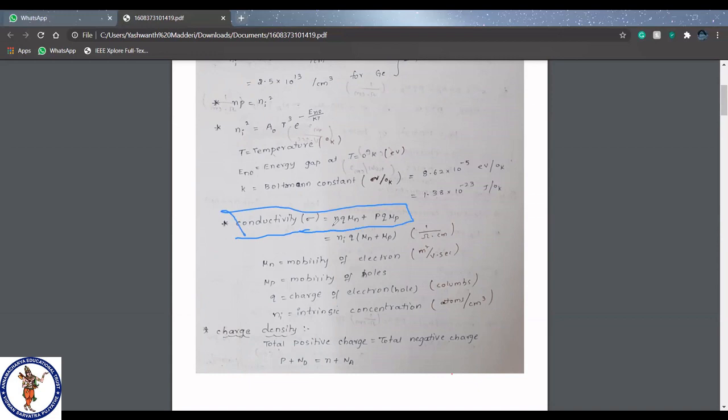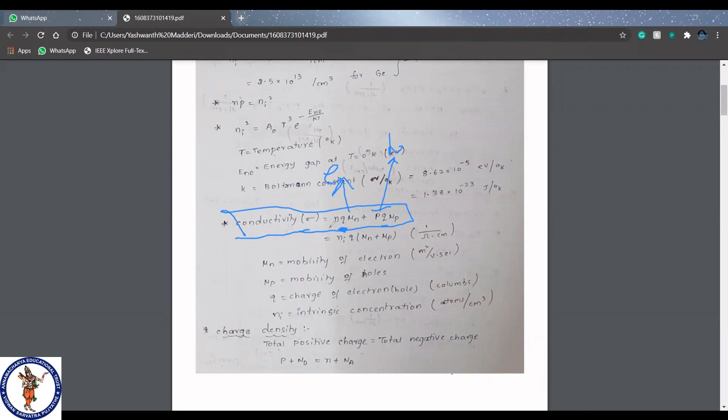These two terms are involved in the conductivity, where n is the electron concentration and p is the hole concentration, q is the charge of an electron, and mu n and mu p are the mobilities. This is the contribution of electrons to the conductivity, and this is the contribution of holes.